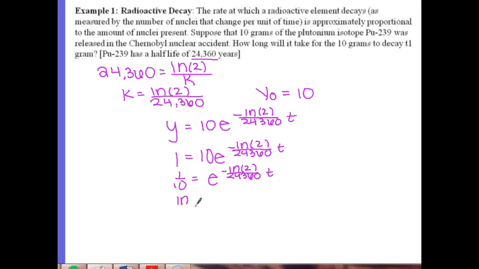Again, ln of 1 is always going to be 0. So anytime you have an ln with a fraction, it just becomes negative the denominator. It'd be like ln of 1 minus ln of 10, so you get negative ln of 10 equals the exponent. Multiply by its reciprocal, and that gives you t.